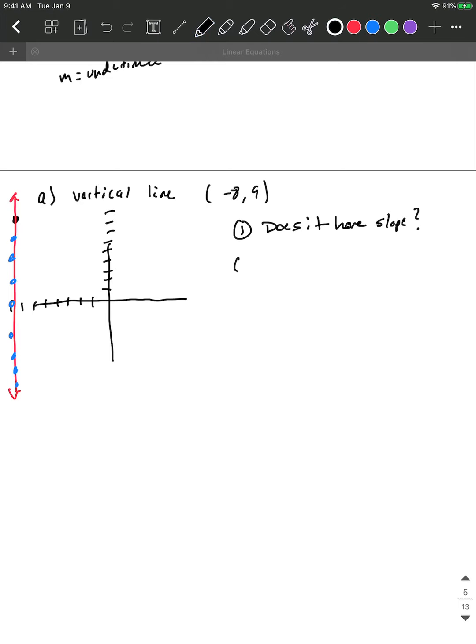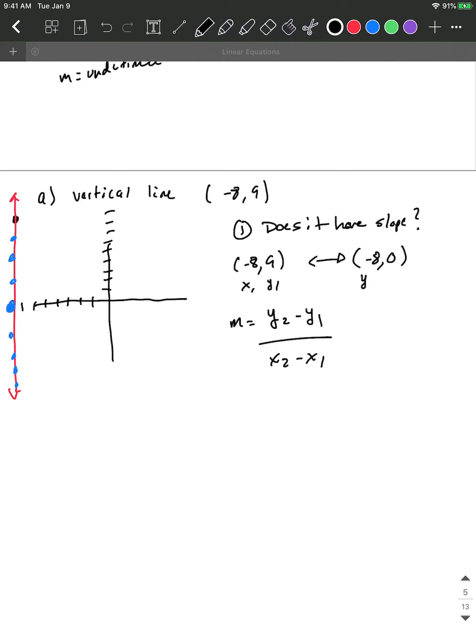So I'm going to use the point negative 8, 9, and I'm going to use another point. So this would be my x1 and y1. The next point I'll use is negative 8, 0, because that just needs to be on the bottom right now. So I'm just clicking the point that's down here, that would be on the x-axis. So based off of this, let's check out what it is using the slope formula. The slope formula is y2 minus y1 over x2 minus x1.